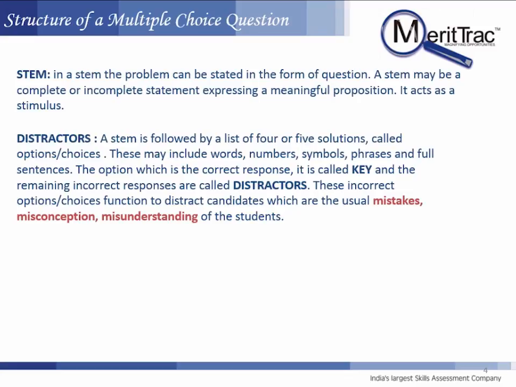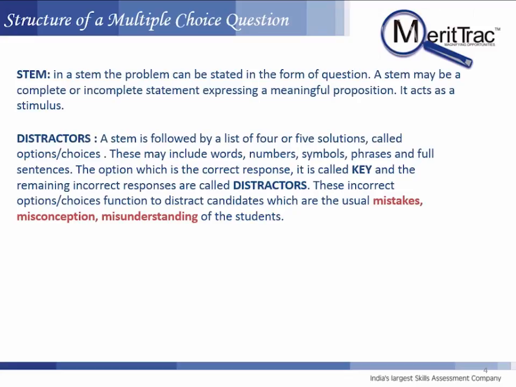So please make a note that a distractor is not merely a wrong answer, not merely a wrong response. These distractors need to come from usual mistakes, misconceptions, misunderstanding, so that candidates with lower ability would get trapped by these distractors.